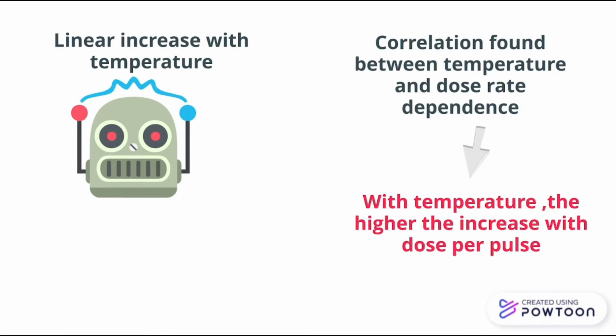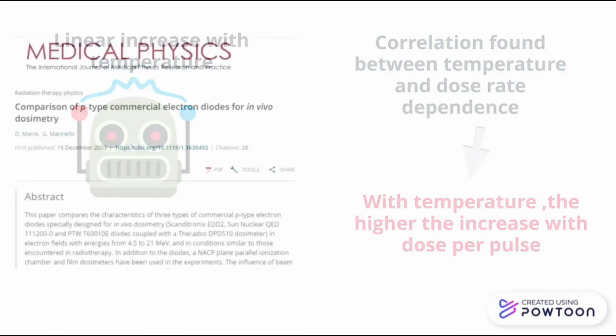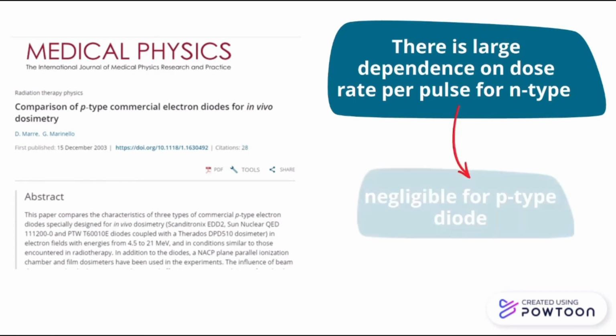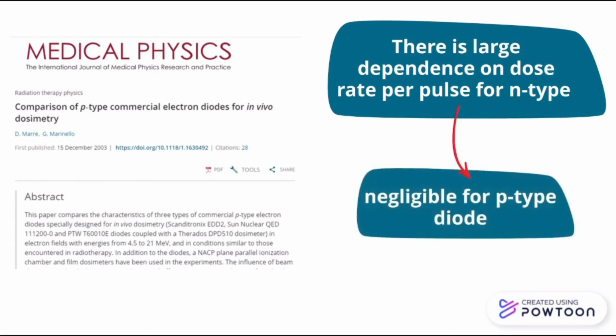As with the temperature, the higher the increase with dose per pulse, it is observed that there is a large dependence on dose per pulse for N-type and a negligible one for P-type diodes.